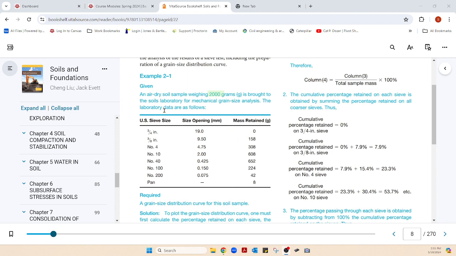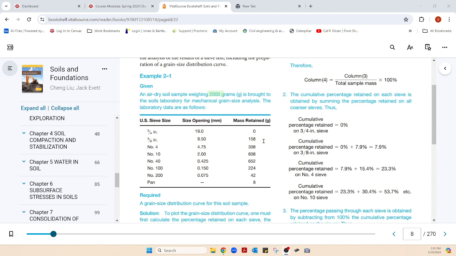As you can see, the problem states that you're given a dry soil sample weighing 2,000 grams and it's brought to the soil laboratory for mechanical grain size analysis. The data are as follows.